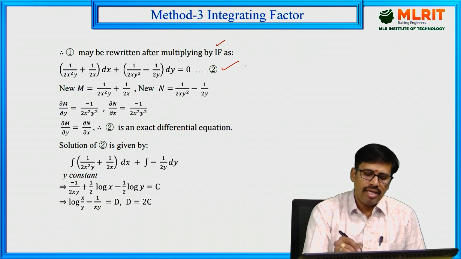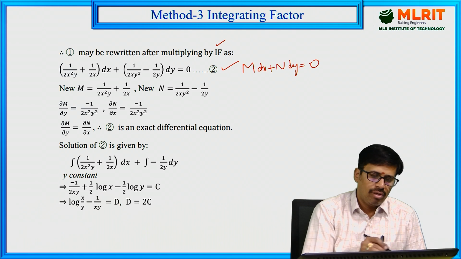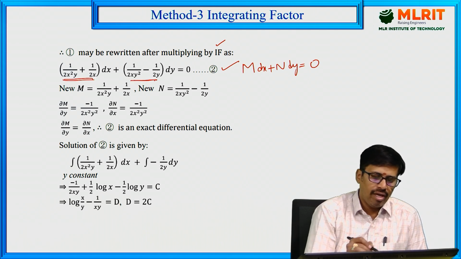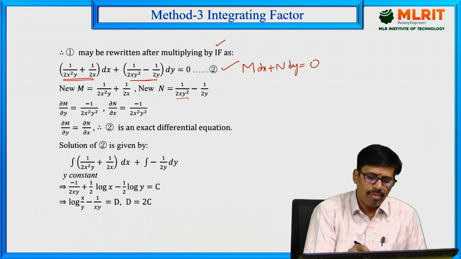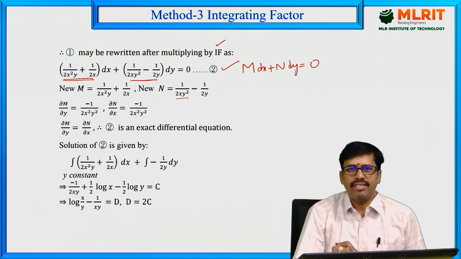Again this is in the standard form, M dx plus N dy equal to 0. Here this is our new capital M, this is N: 1 by 2x y square minus 1 by 2y. Now let us check the condition for exactness.